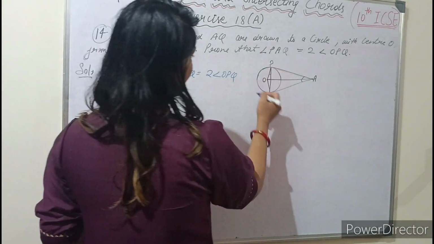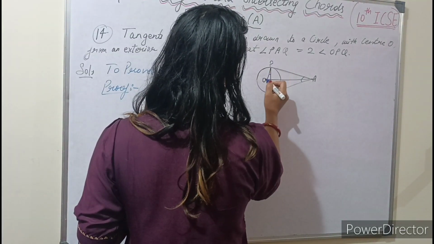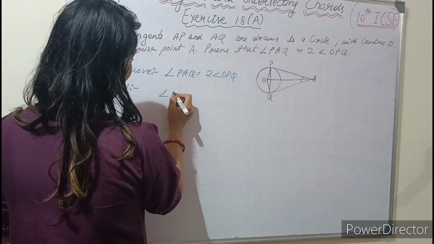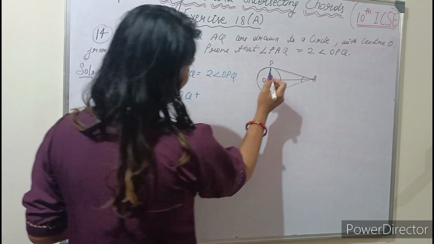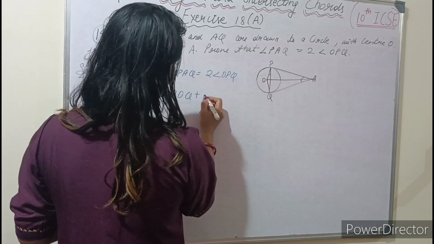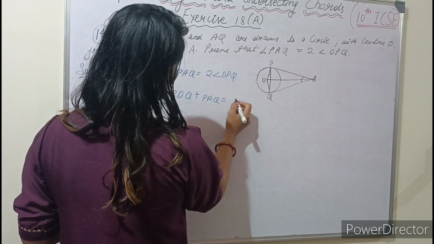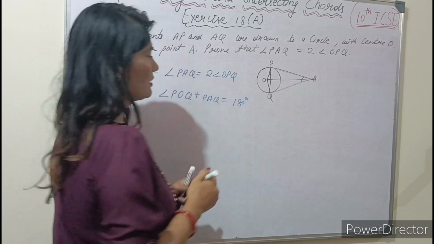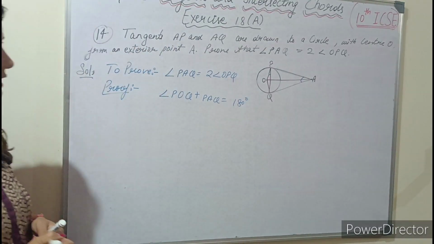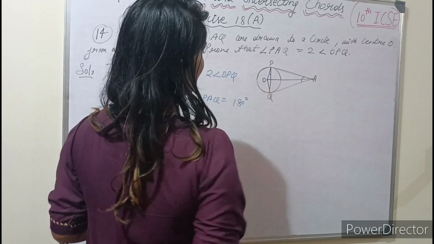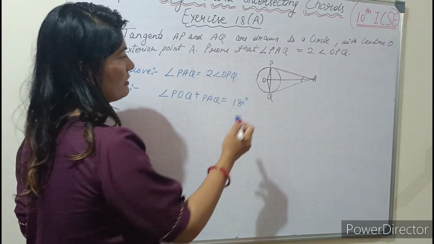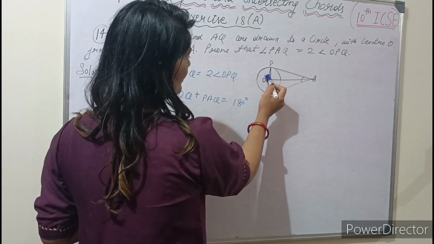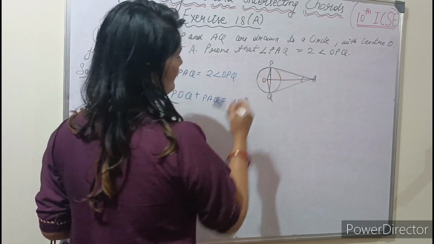So here in this figure I can write that angle POQ plus angle PAQ is equal to 180. This is from the theorem. I told you that the sum of the central angle and the exterior angle is always supplementary, because in this case OP is the radius and PA is the tangent.